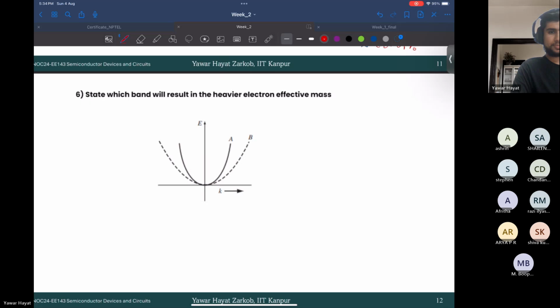Anyone? Okay. I expected at least some of you to solve this one.